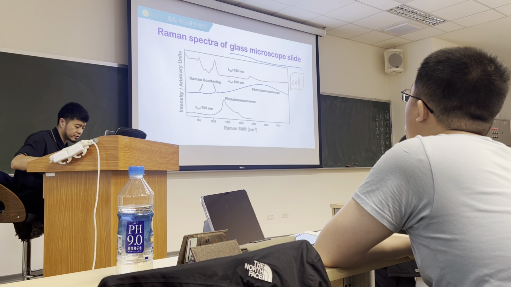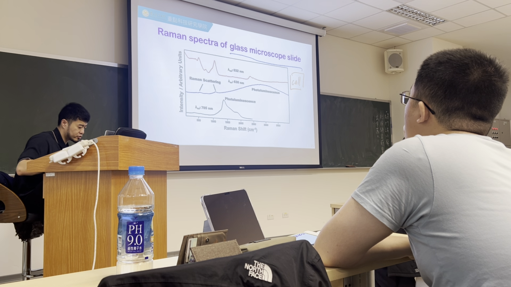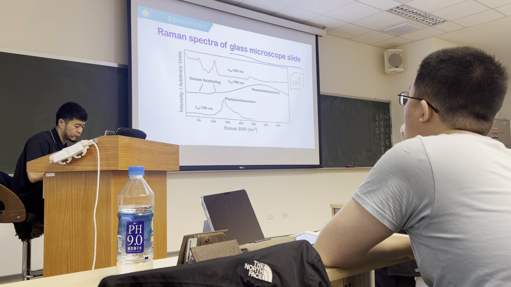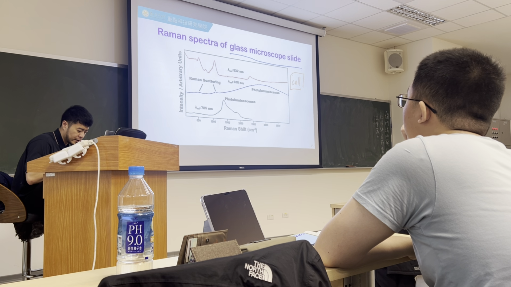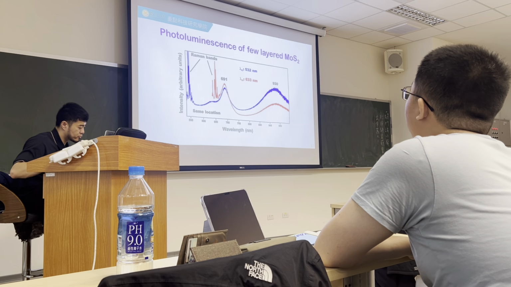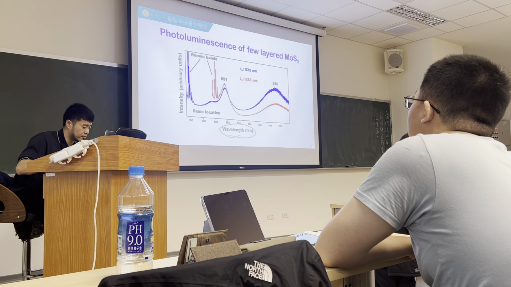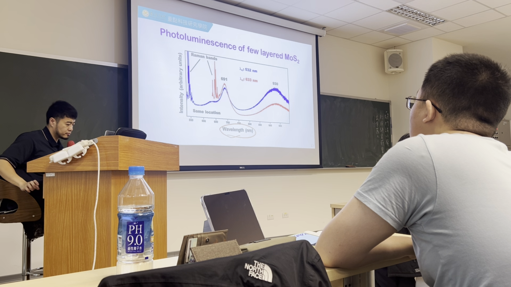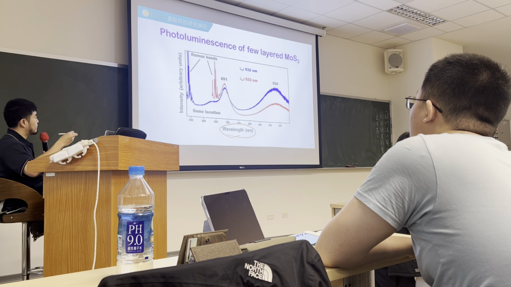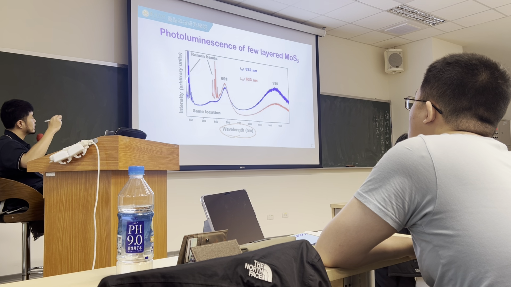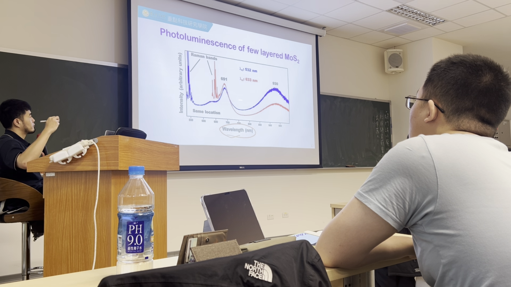So here is another example to let you know how fluorescence or photoluminescence influences your spectrum. Another thing you should know is, again, if we plot the Raman spectrum on the absolute wavelength and you see those results, you need to have the ability to distinguish which are the Raman peaks and which are the fluorescence.